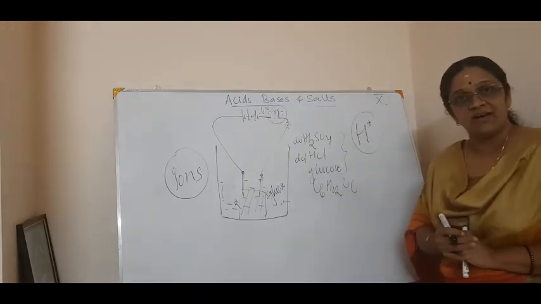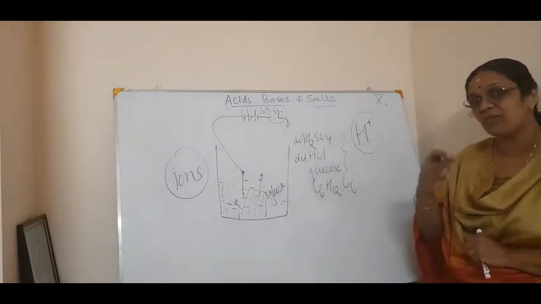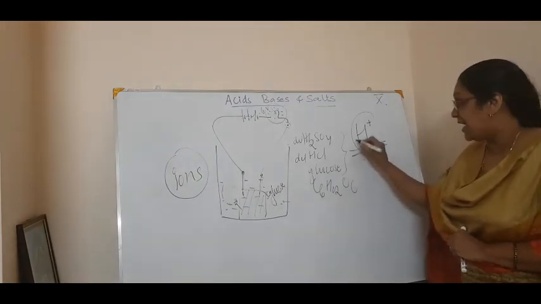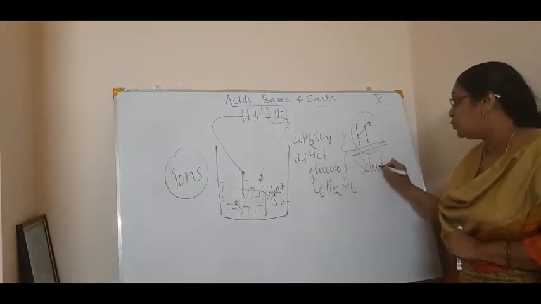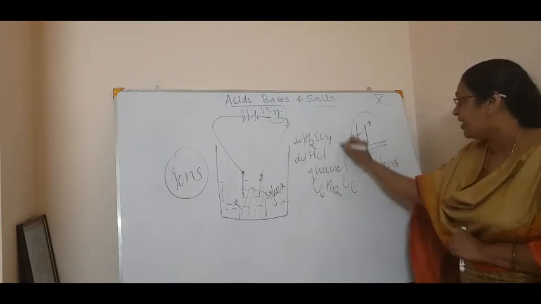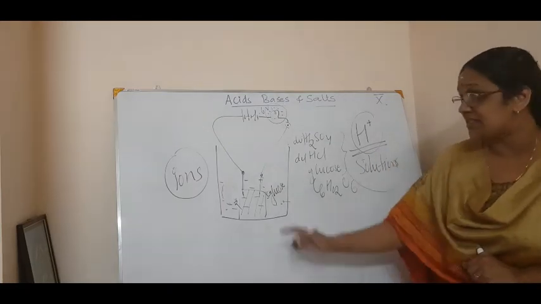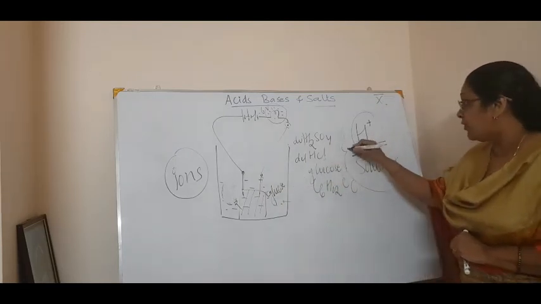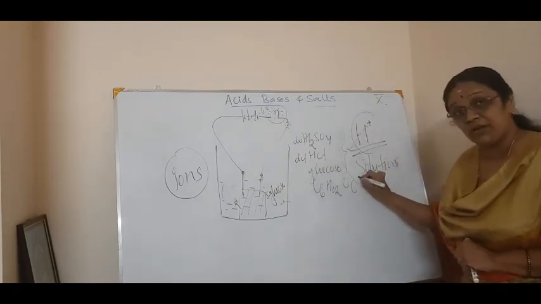Which means that, what is the conclusion? What is the moral of the story? That means it furnishes the H plus ions in solution. That is a valid point. Very, very important. This HCl and H2SO4 furnish what ions? H plus ions in solution.